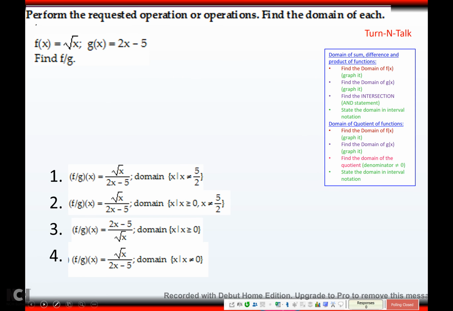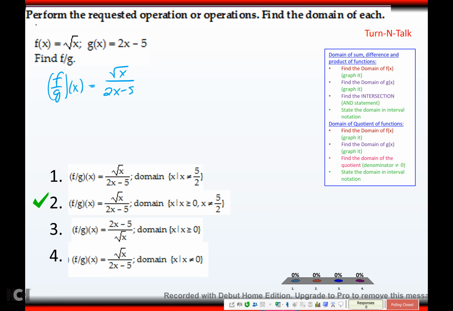Okay? Divide, find the domain, hit pause, come back when you're ready. And hopefully you got 2. So to divide, f divided by g of x, I take my f function, which is the square root of x, divide by my g function, 2x minus 5.